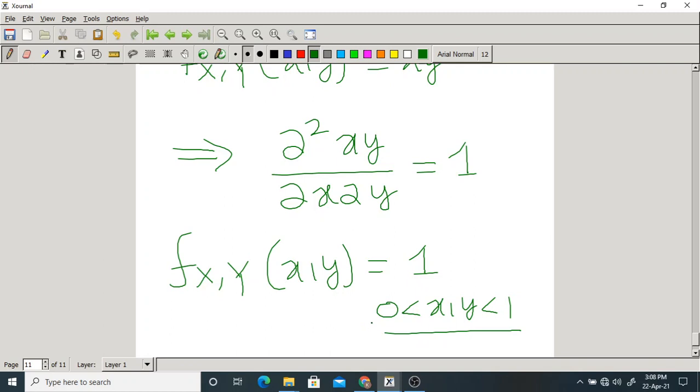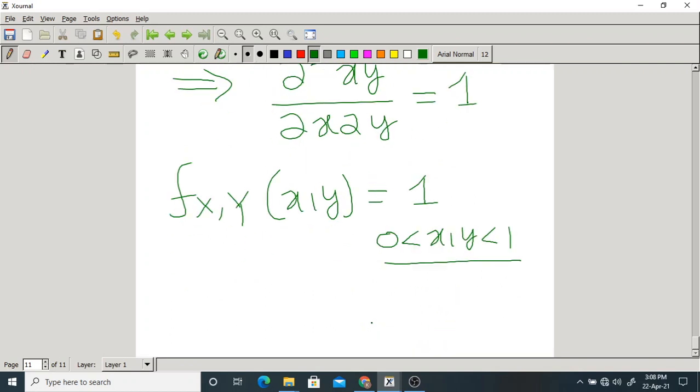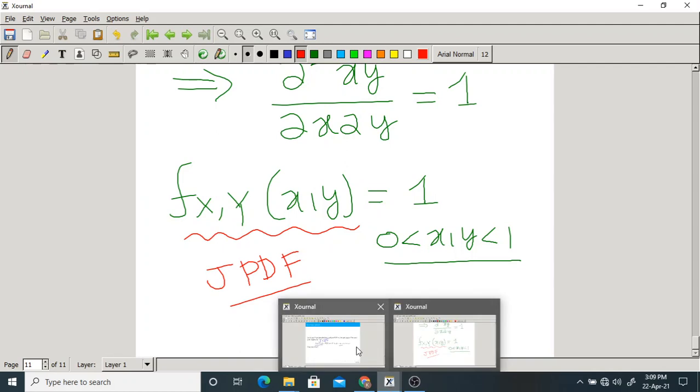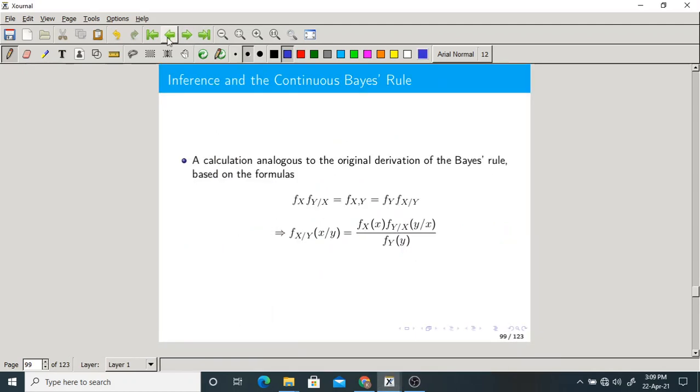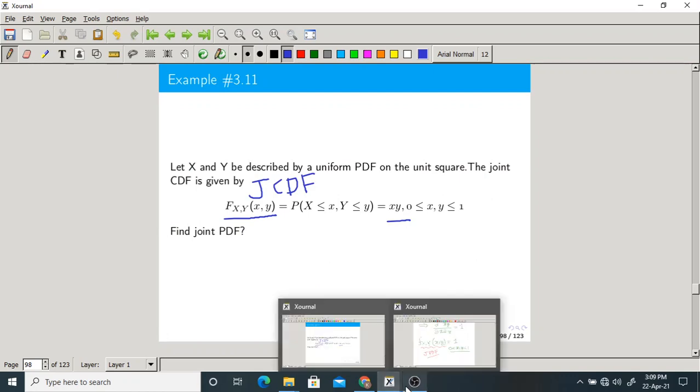This is about getting the joint PDF from the joint CDF. Okay, so we stop this class here itself.